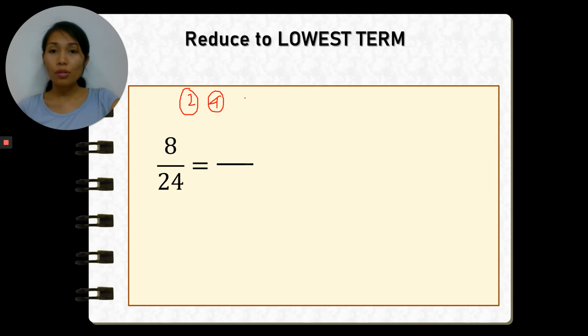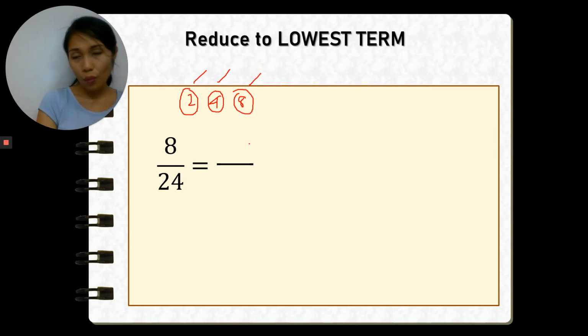We can also use the factor 8 because 8 divided by 8 is 1 and 24 divided by 8 is 3. How about 4? 8 divided by 4 is 2 and 24 divided by 4 is 6. So that means we can use either of these to reduce a fraction to the lowest term.